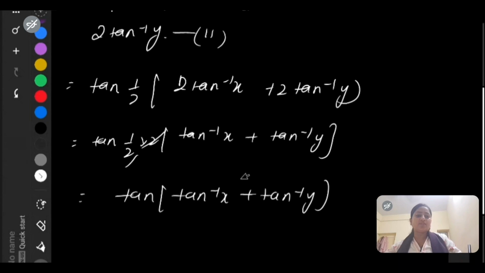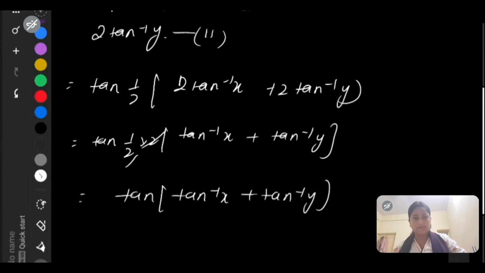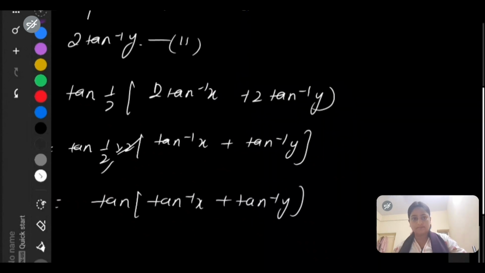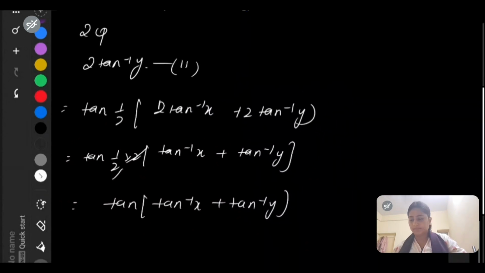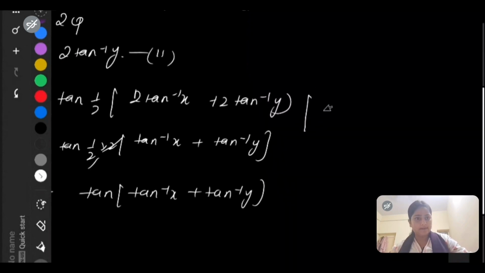After saying this, do you remember one formula, which is tan inverse A plus tan inverse B? We have one formula. Let me write the formula here.